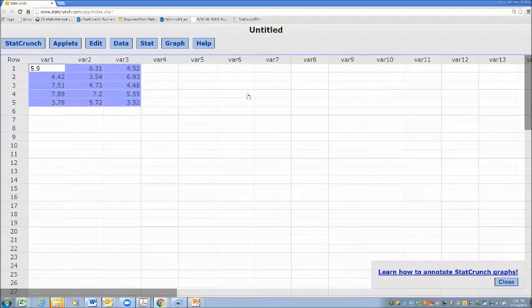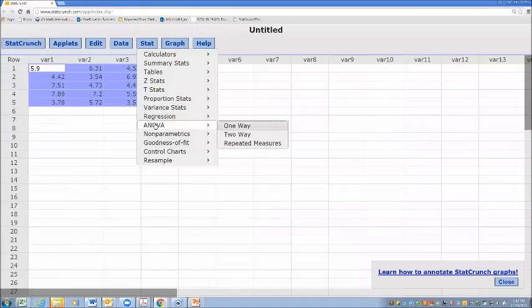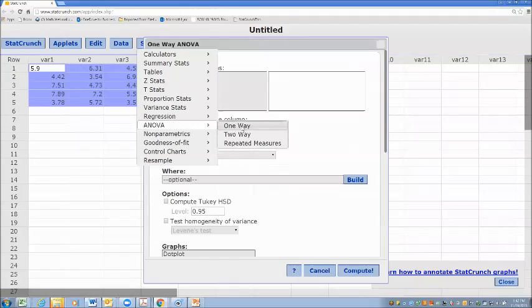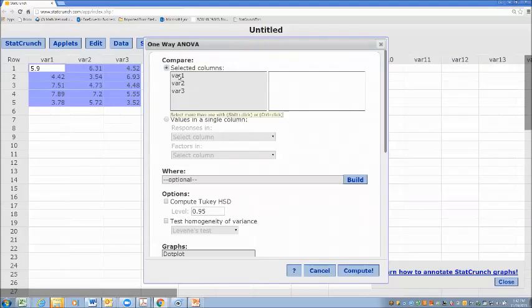So we get that. And I'm now going to go to Statistics, Analysis of Variance, One Way, and I want to select the 3 columns, and I'm going to hit Compute.